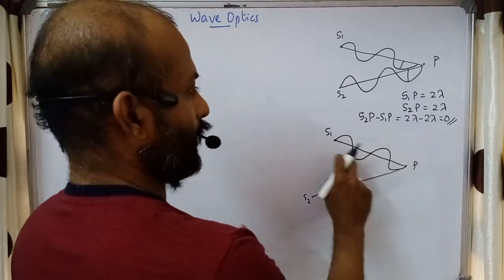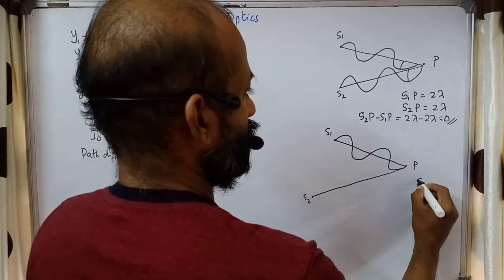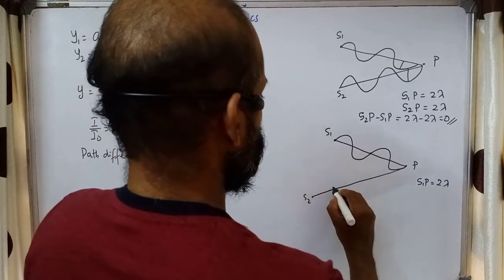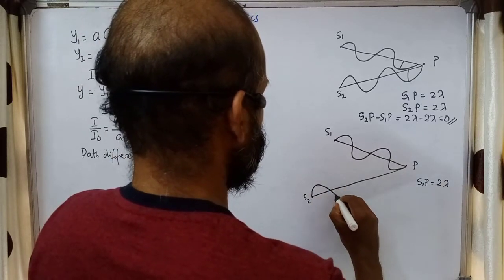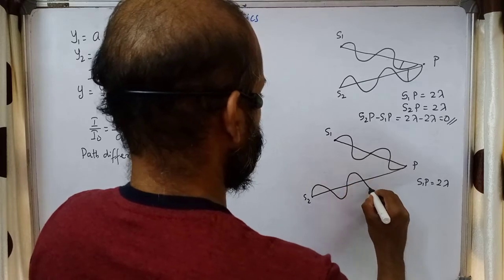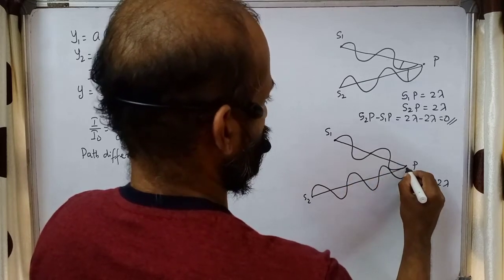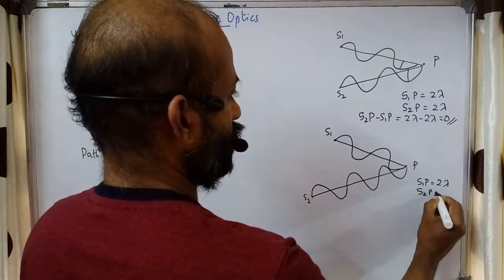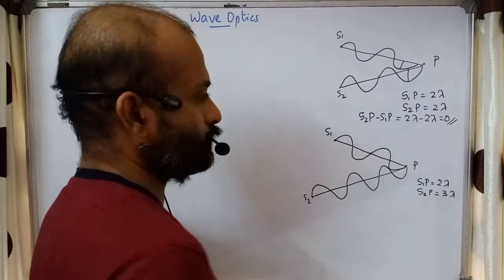So 2 lambda is the length. S1P is equal to 2 lambda. Here I am just going to draw 3 waves. This is first wave, second wave, and this is the third wave. Three waves are there. S2P should be equal to 3 lambda.